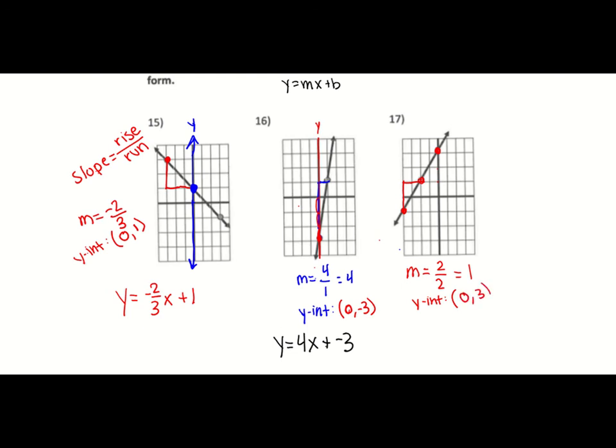So I've got 0, 3. My b is going to be 3. So when I write my equation, y equals m, which is 1, x plus b, which is 3. And that 1x there, remember in front of an x there's always that 1, so we can just write this as x plus 3. That means there's a 1 out front of my x.